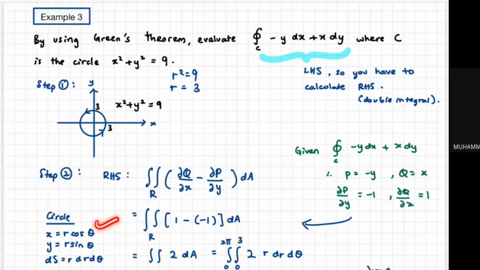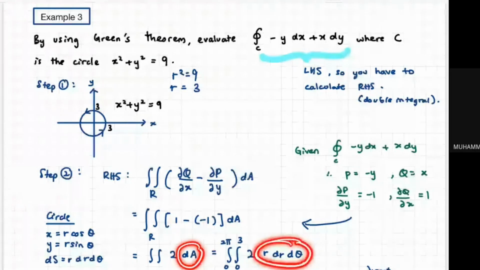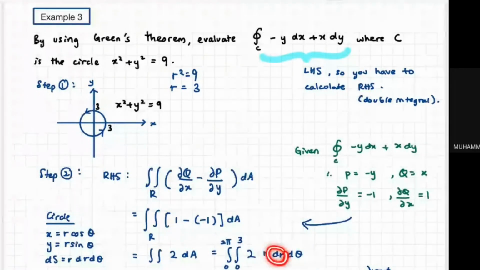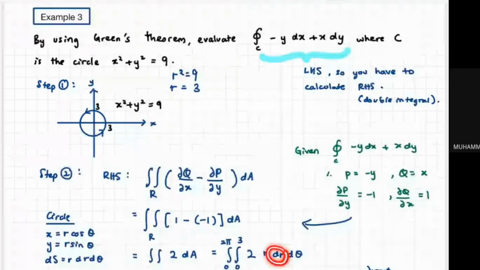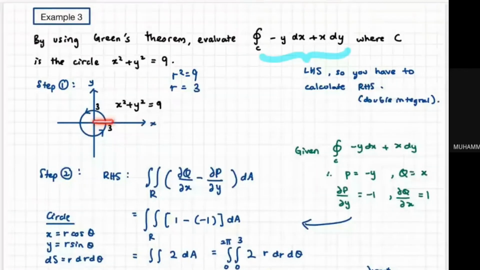Since this is a circle, you have to substitute the polar coordinates. You know x is r cos theta, y is r sin theta, and dA is r dr d theta.